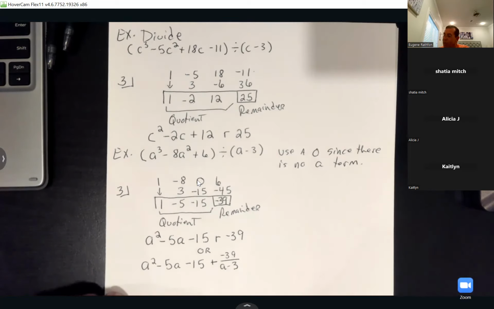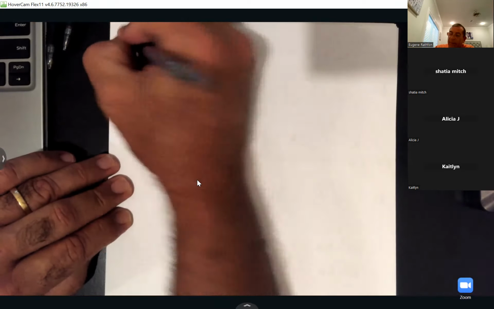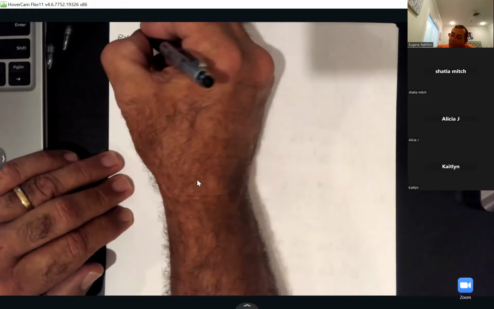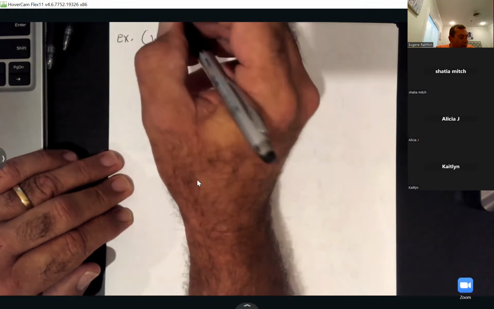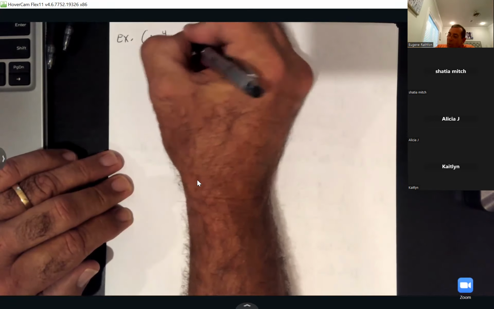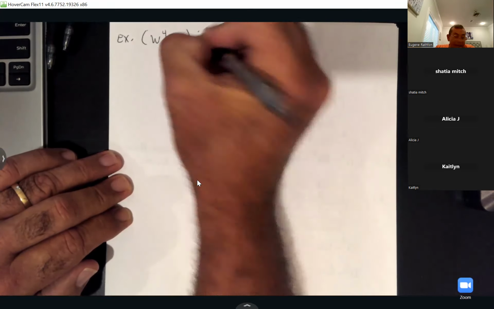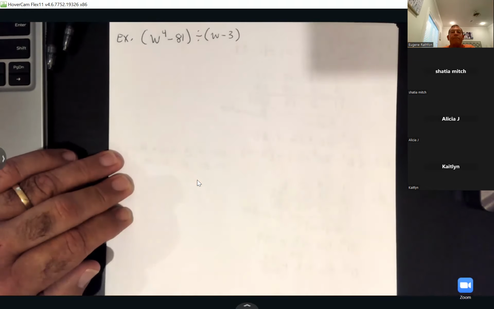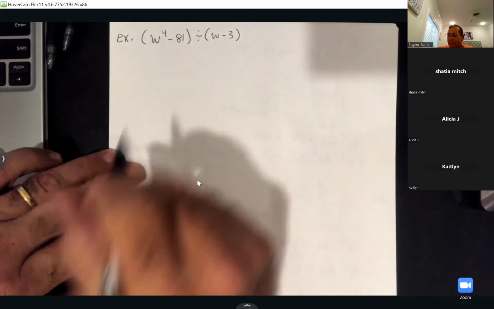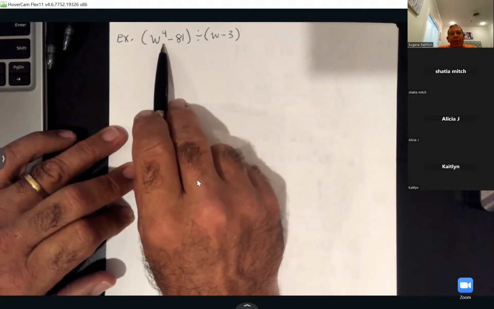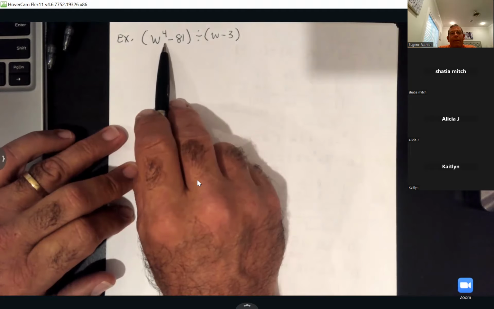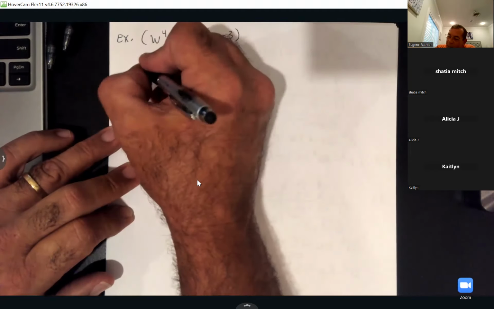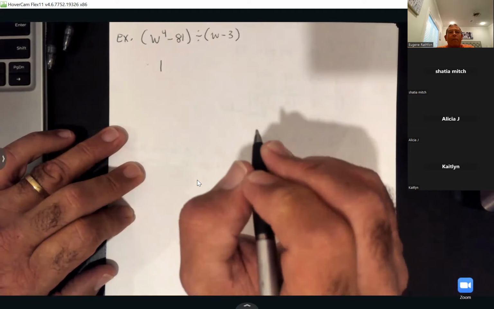All right, y'all, so let's play with more of these. All right, y'all, watch this. W4 minus 81 divided by W minus 3. Y'all look at this. I got a W4 that's going to be 1 W4.